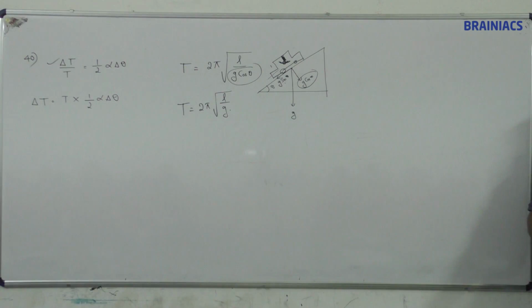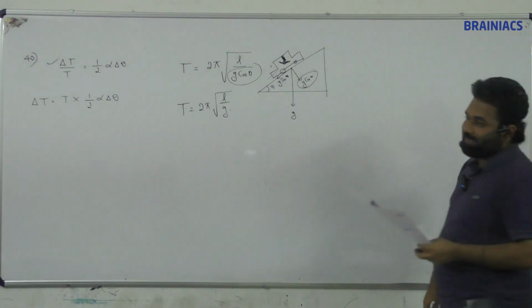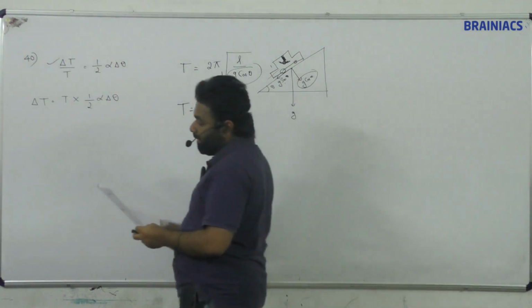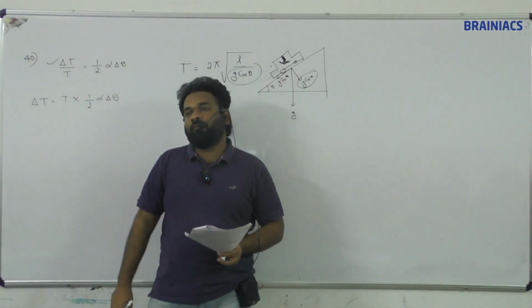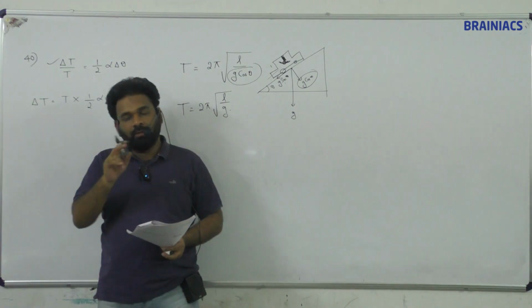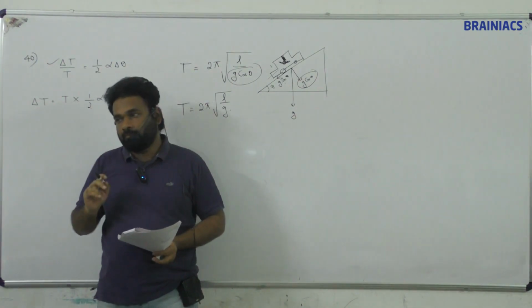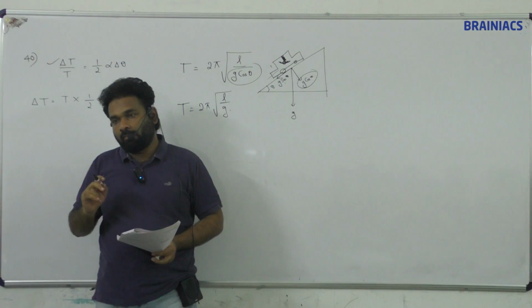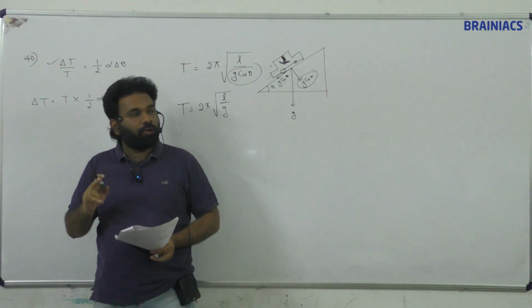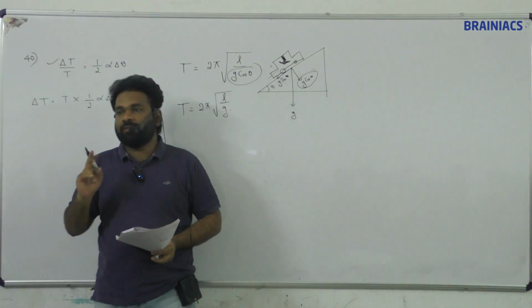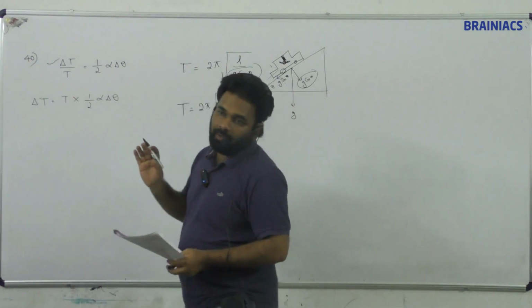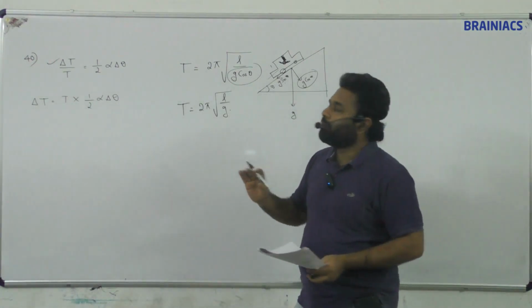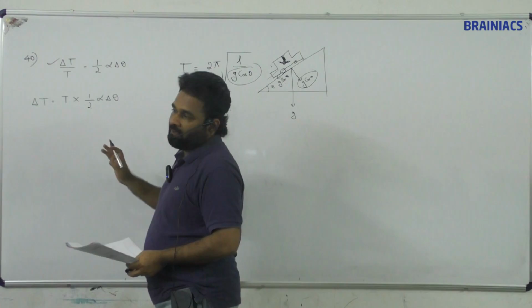A clock which keeps correct time at 20 degrees Celsius, how much should it oscillate per day? 24 into 60 into 60. Remember that value, 86,400. That will be the time period for a clock.